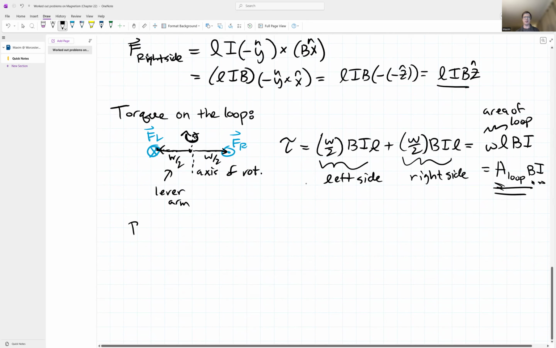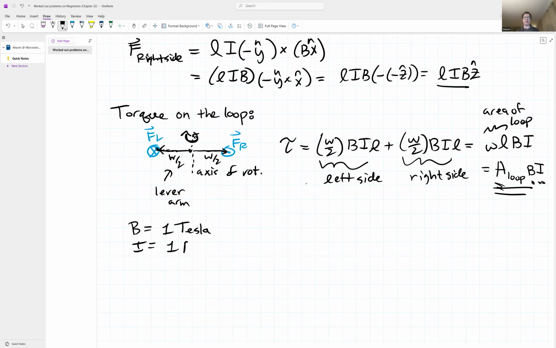So let's say our B field is 1 Tesla, and let's say our current is 1 amp, just as an example. And let's say our loop is a 1 meter squared loop. Then what is the torque? The torque is going to be 1 meter squared times the B field, which is 1 Tesla, and then the current, which is going to be 1 amp.